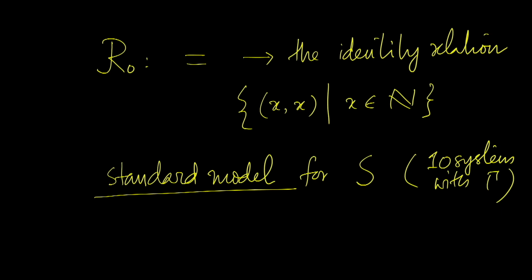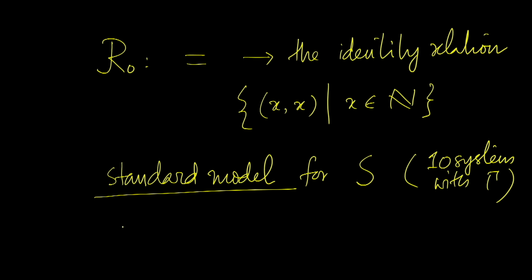That is, when within the proof system we plug in gamma, the system of Peano's axioms, what we get is the first order system S. This interpretation, where D naught is defined as the set of all natural numbers and F naught and R naught are defined in this fashion, is called the standard model for S. In fact, any interpretation which is equinumerous with this interpretation is also called a standard model. But let us not bother about equinumerosity at this point in time. So this is what we will call a standard model for S.